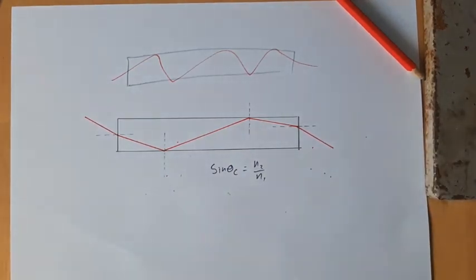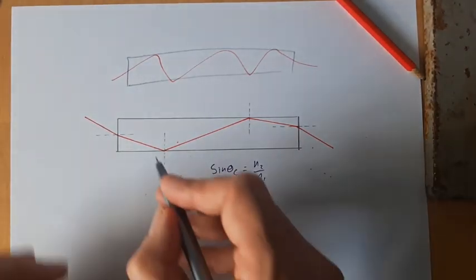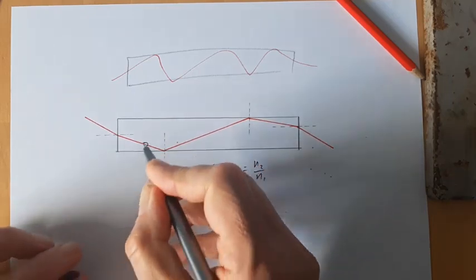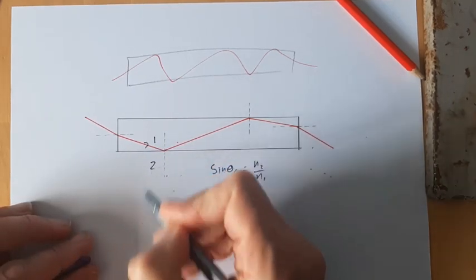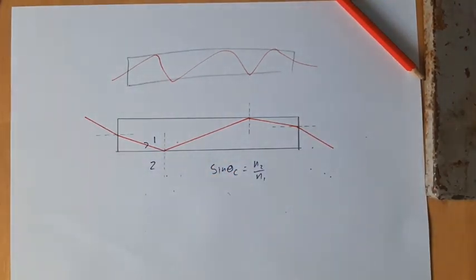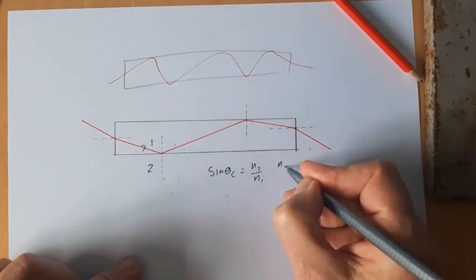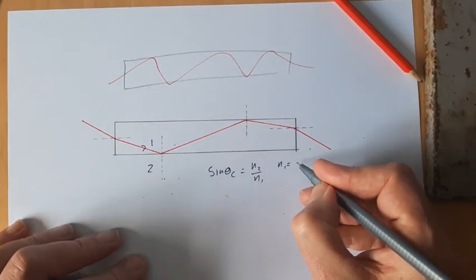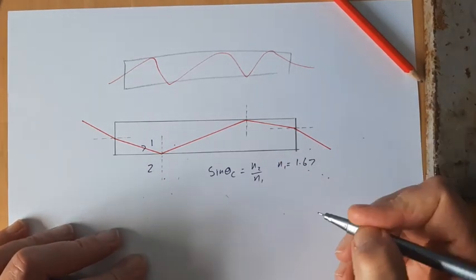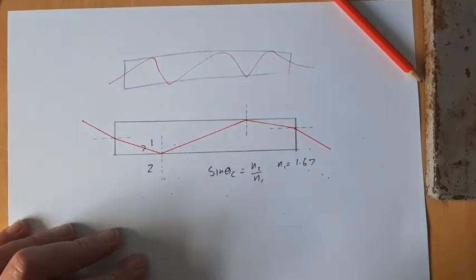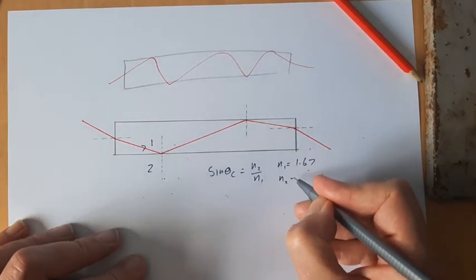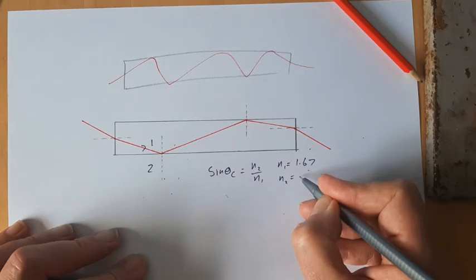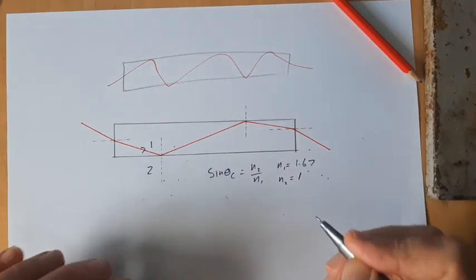Just a few reminders. We're following this line here, going from region 1 to region 2. So in this case, n1 is equal to the refractive index of the fibre. Let's call that 1.67, just to make sure I don't use a number that I've used later in the questions. And n2 in this case is air, so n2 is 1.